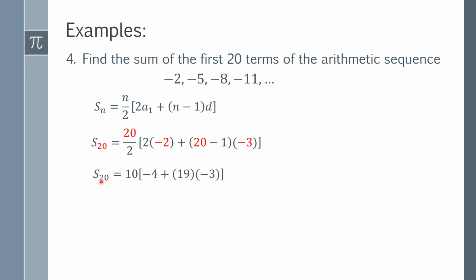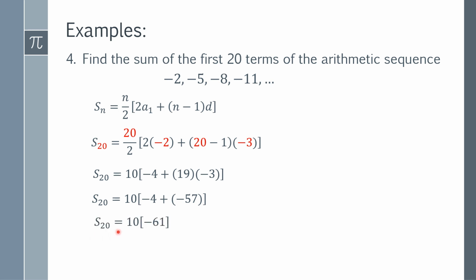Simplify. S sub 20 is equal to 20 divided by 2 is 10. 2 times negative 2 is negative 4 plus 20 minus 1, that's 19, and then bring down negative 3. Next, S sub 20 equals bring down 10, bring down negative 4, and then 19 times negative 3, that's negative 57.